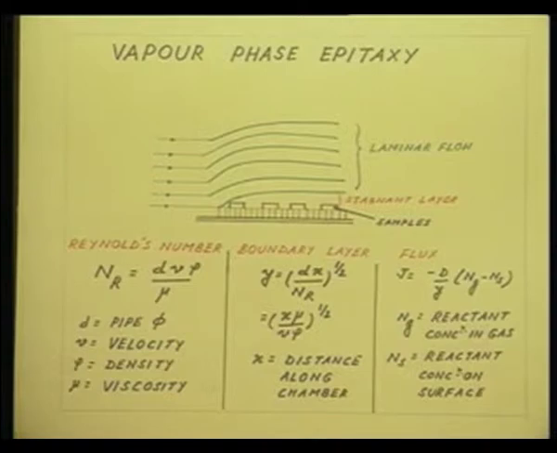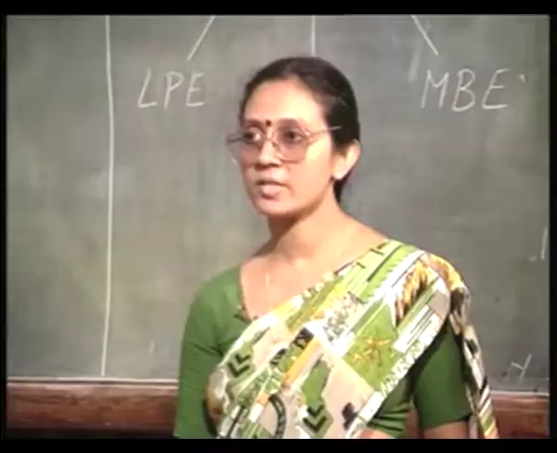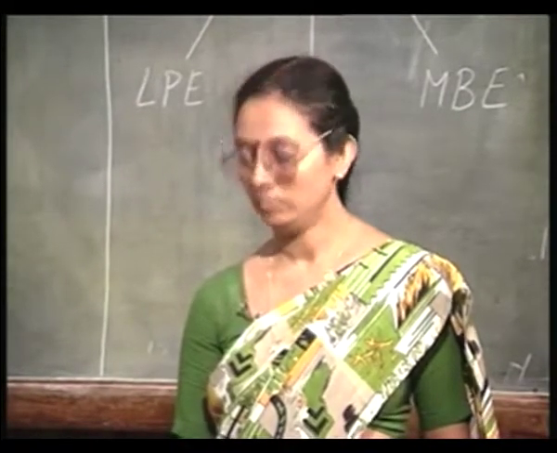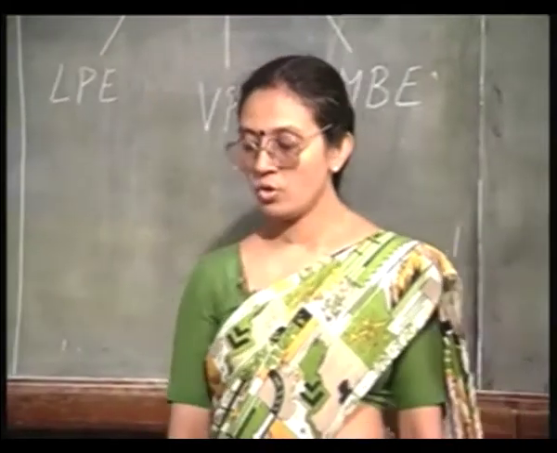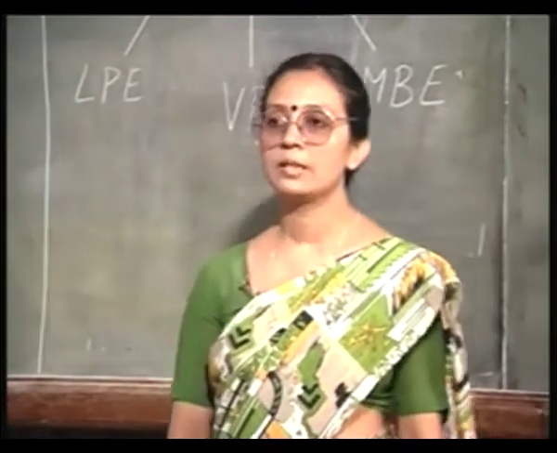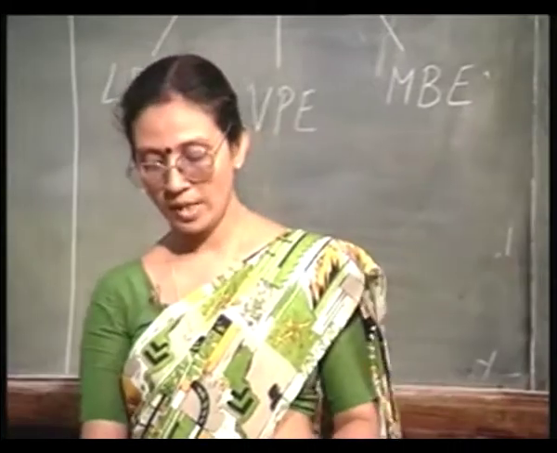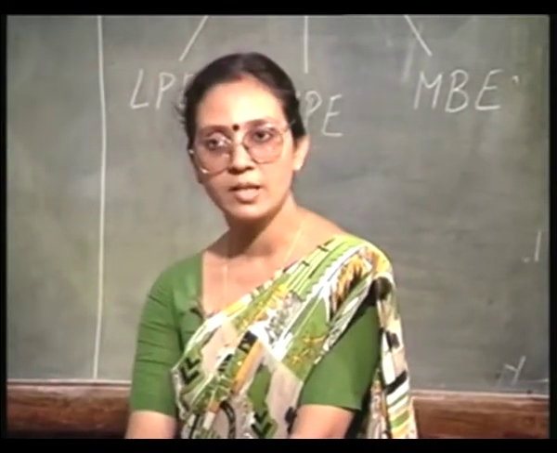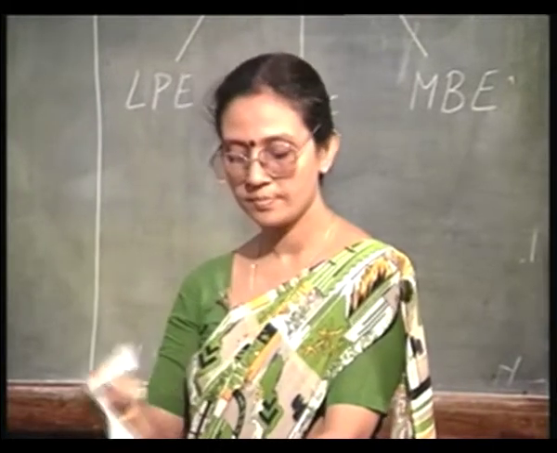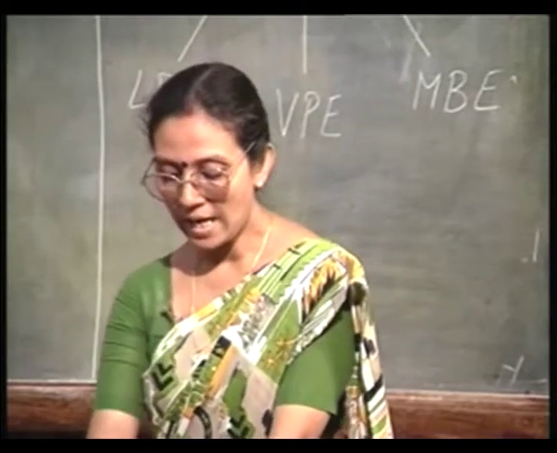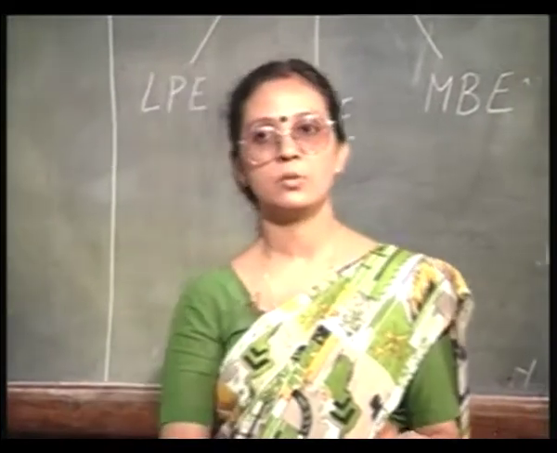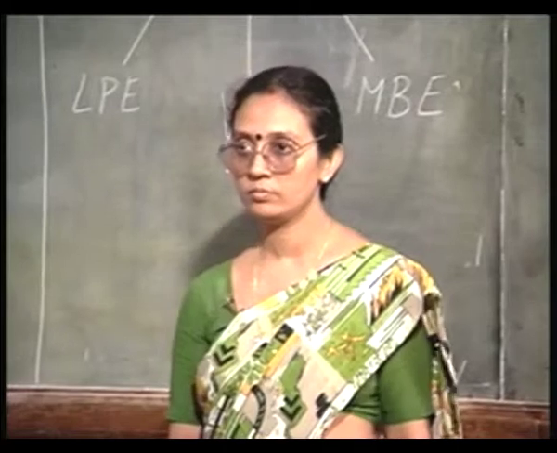So, in the stream the gas has some finite velocity and at the surface boundary the velocity is 0. In between there must be a region where the velocity changes from this finite velocity to 0, and very close to the substrate there must be a region where this velocity is very low.